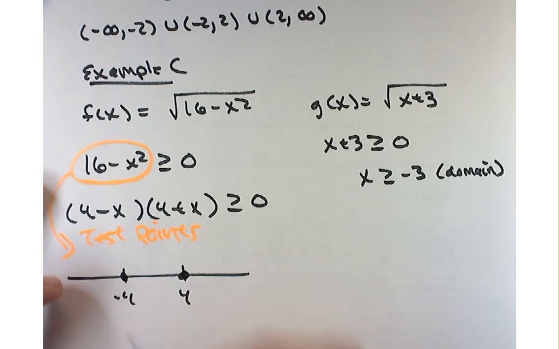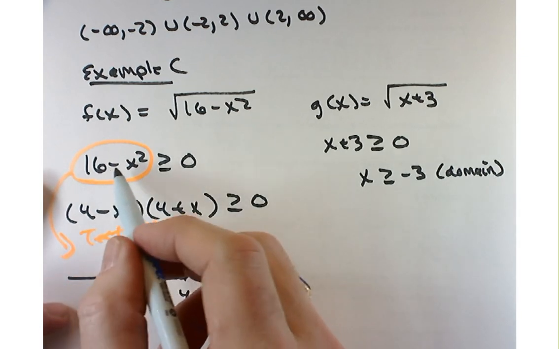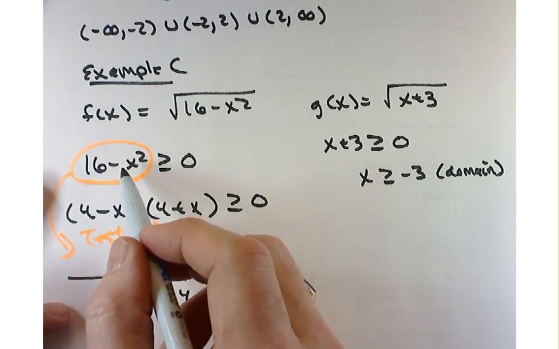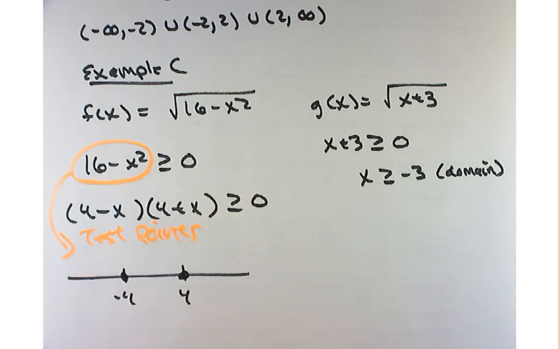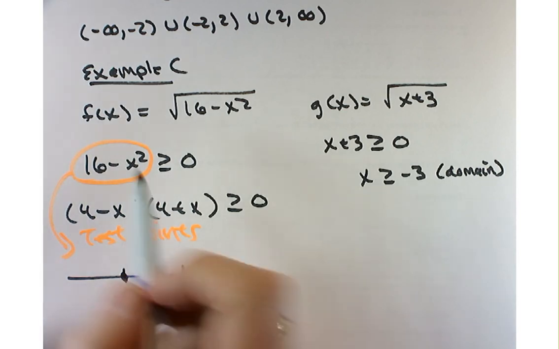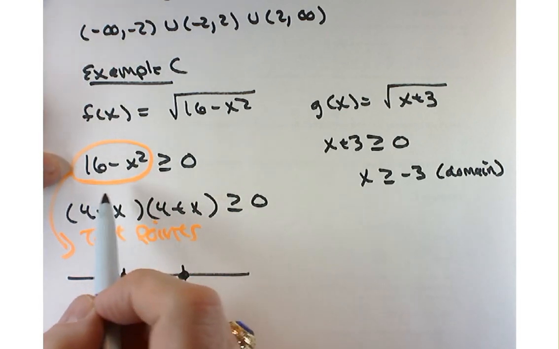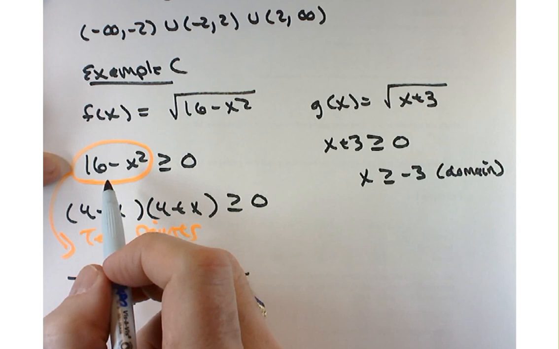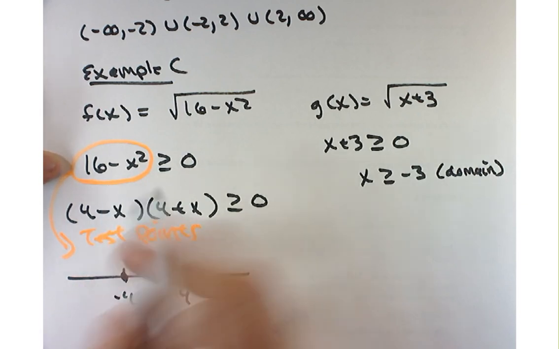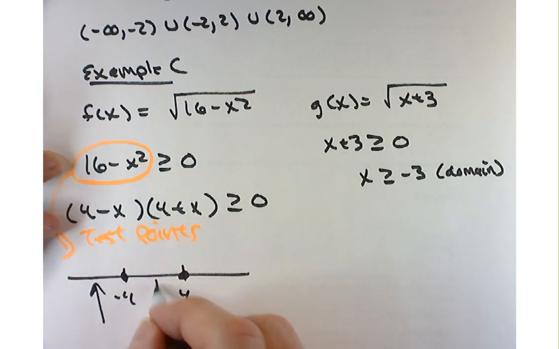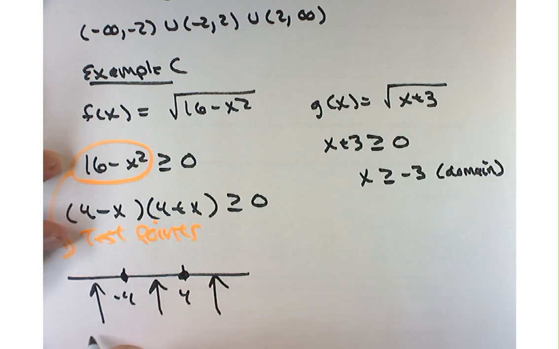The question is this function positive or negative in those intervals? So unless you're good at mentally picturing these things, and with a parabola you can be, you might want to put in some test points. Let's see, something to the left of negative 4 would be negative 5. I always pick 0 when I can, and then 5.